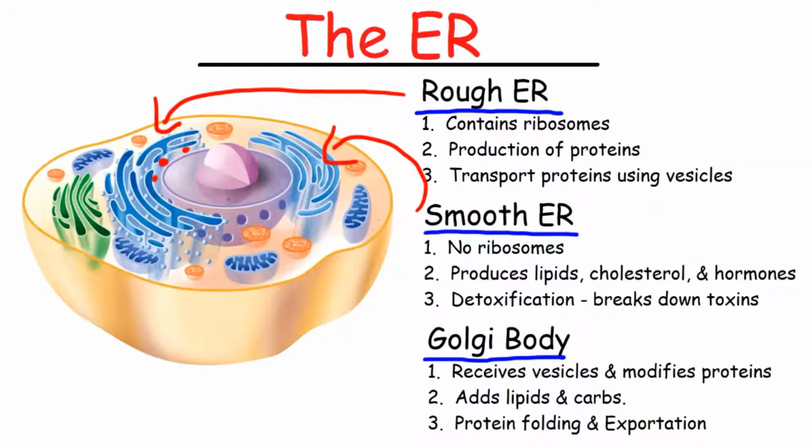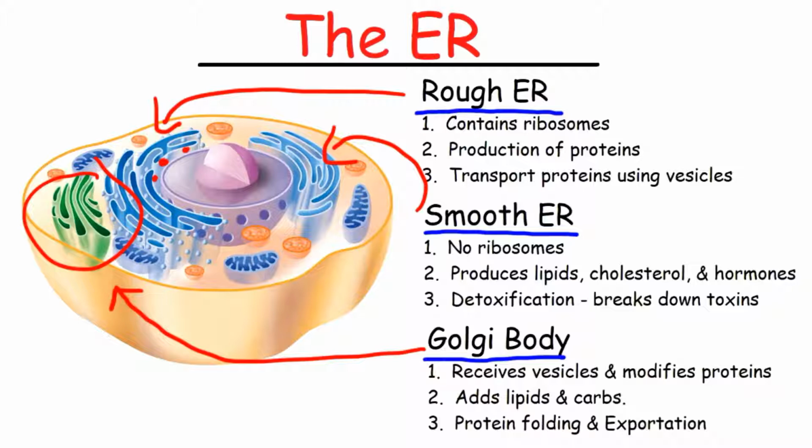Now let's go back to the rough ER. Once the rough ER, by means of the ribosomes, makes the proteins, they are enclosed in a vesicle, and those vesicles get transported to the Golgi body, which is right there. Now, the Golgi body receives the vesicles, and it modifies the proteins that are in the vesicles.